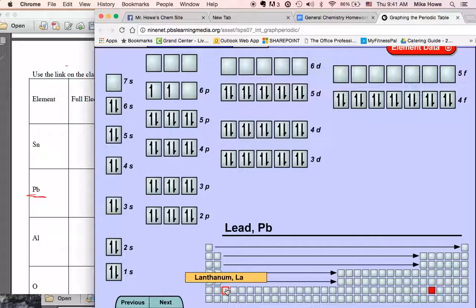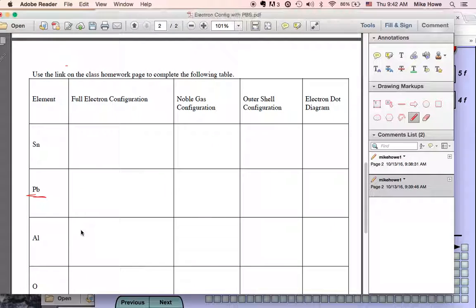On this table, it goes ahead and shows us 4f1, 4f2, 4f3, all the way to 4f14. Then we go into 5d. So 5d1 starts here. On your table, you go down to the bottom for the 4f, then back up to the main table for 5d. 5d goes to 5d10, and now we're almost to lead. We're in 6p1, 6p2. That'd be the last thing for lead.